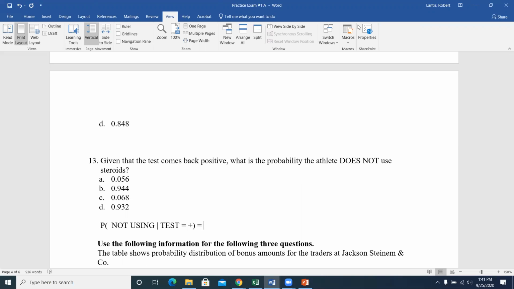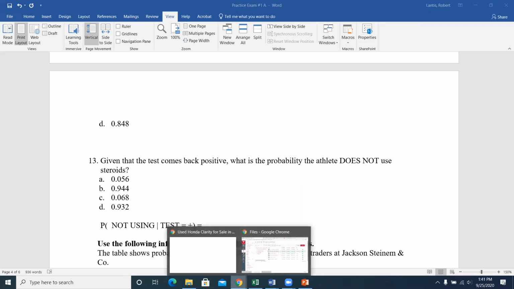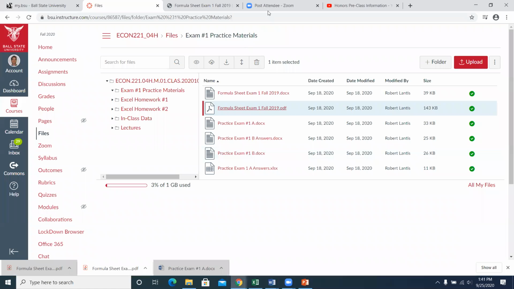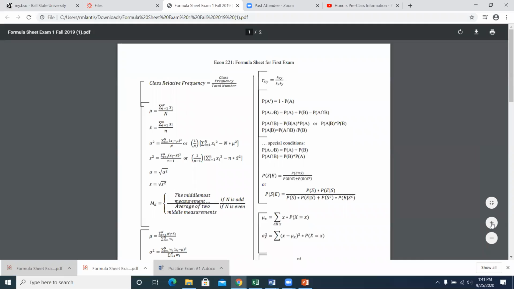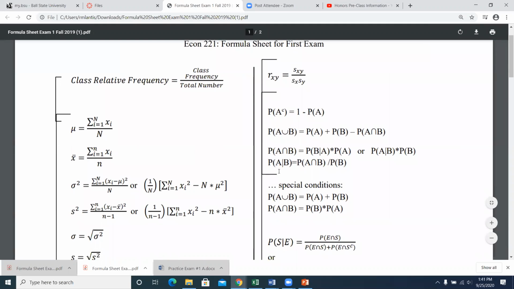Now, if I look at my formula sheet, if I want a conditional probability, I can rewrite that as the intersection divided by what I'm conditioning on.